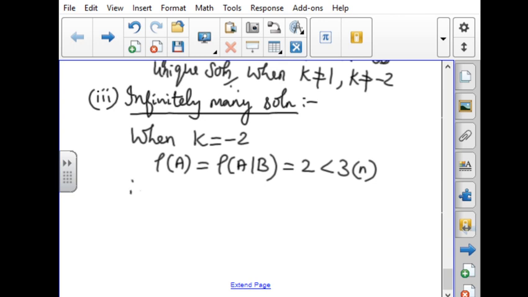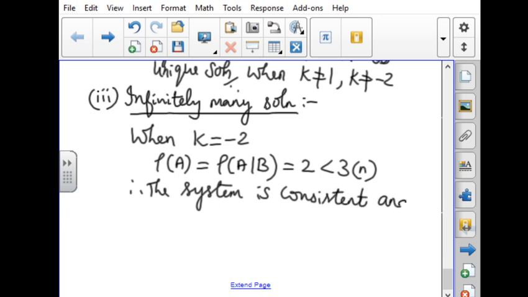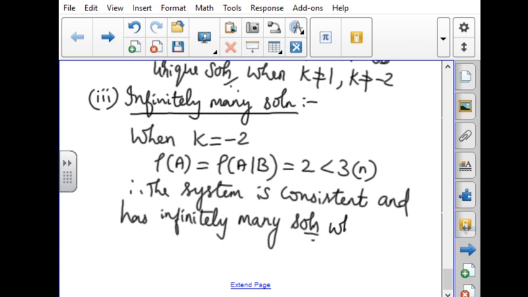Therefore, the system is consistent and has infinitely many solutions when k is equal to minus 2.